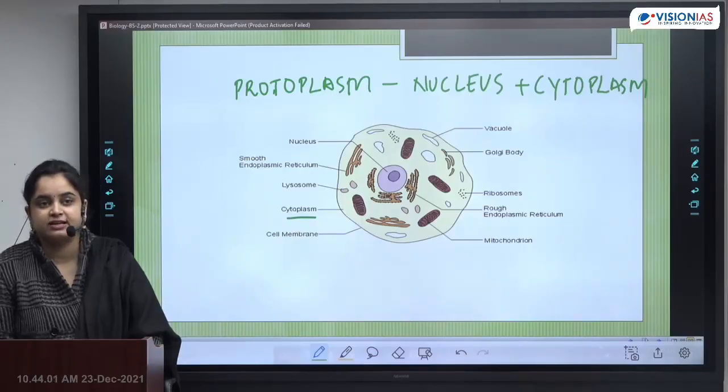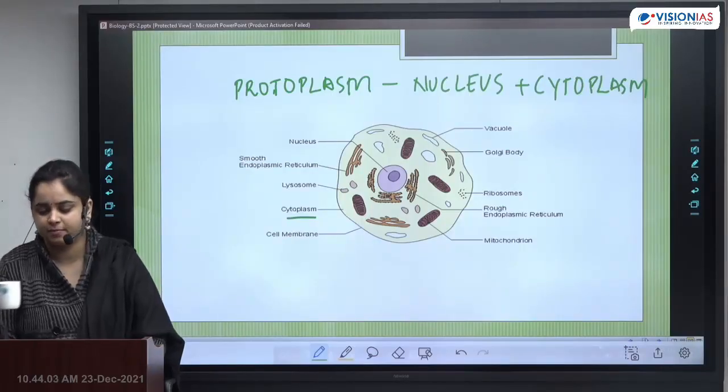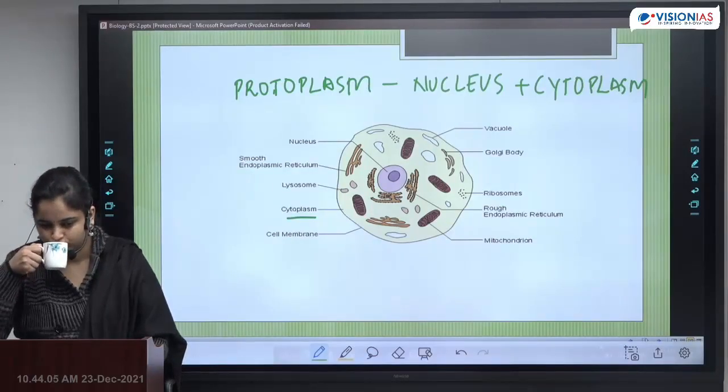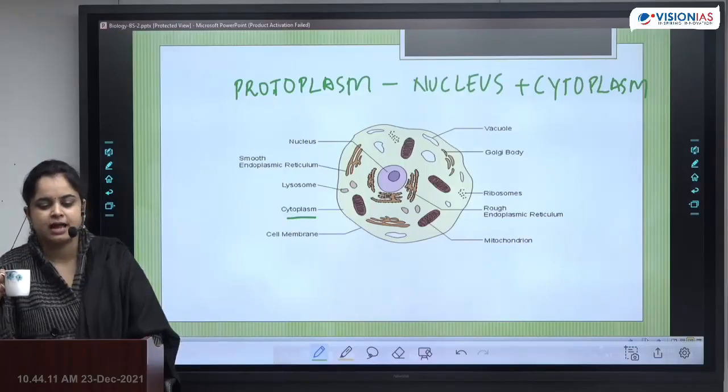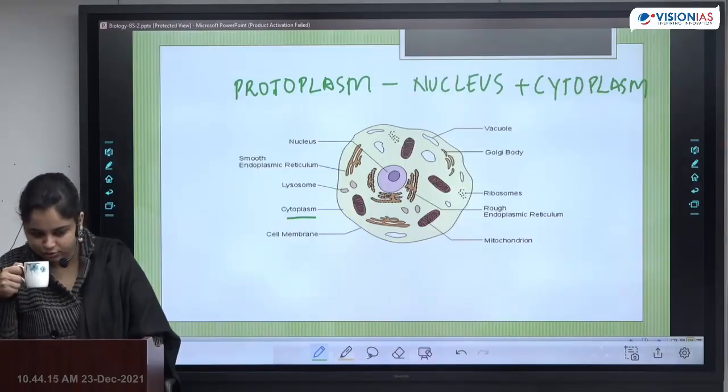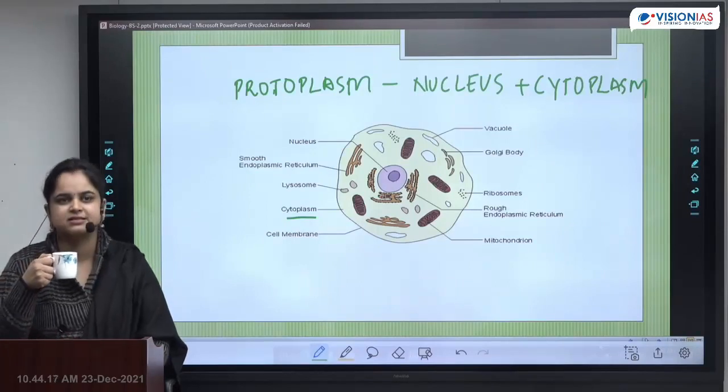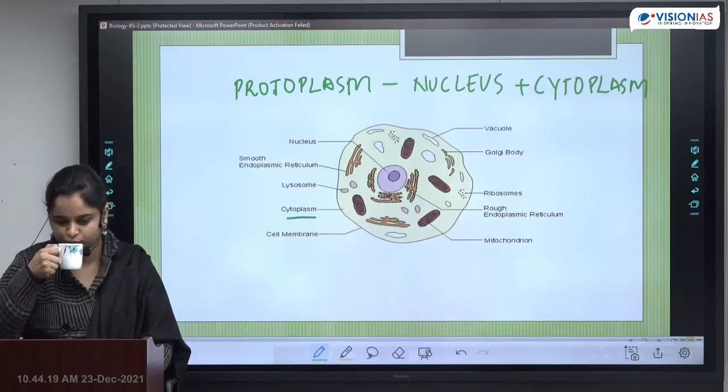It is generally spherical in shape and is located in the center of the cell.